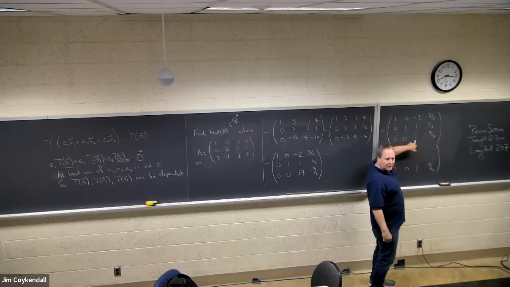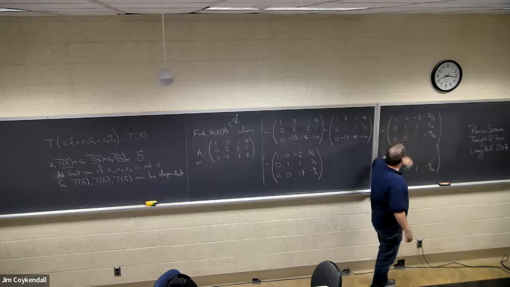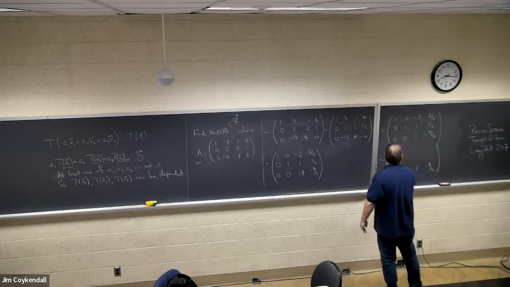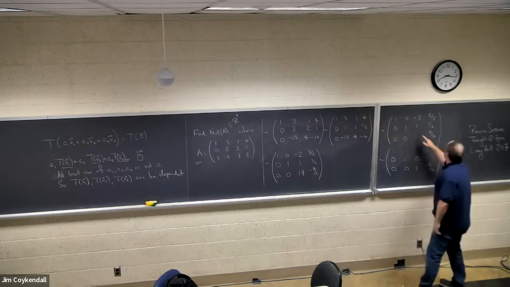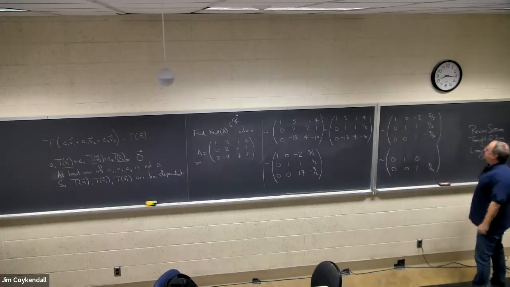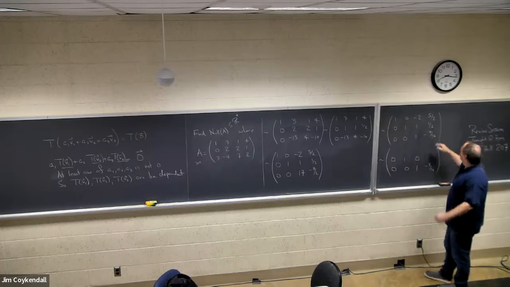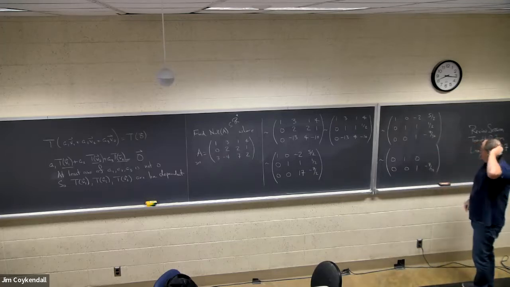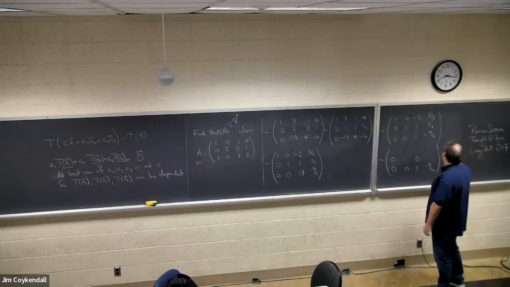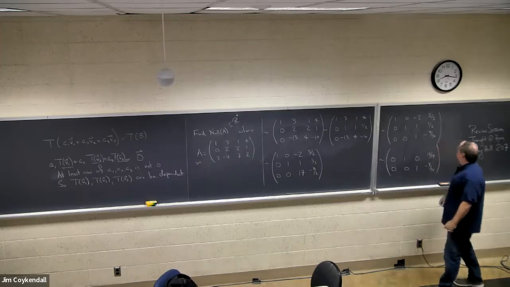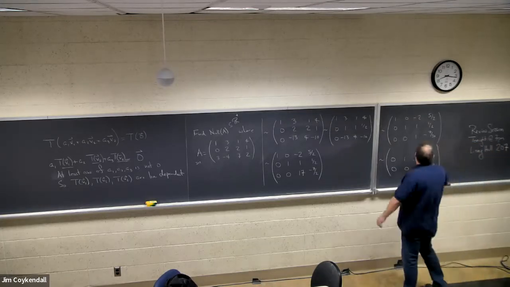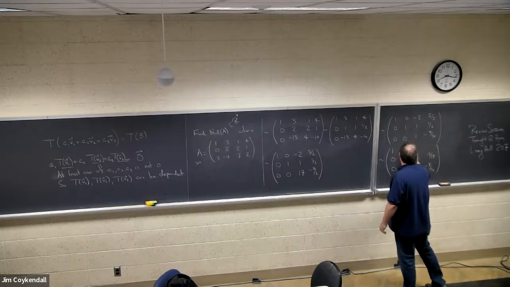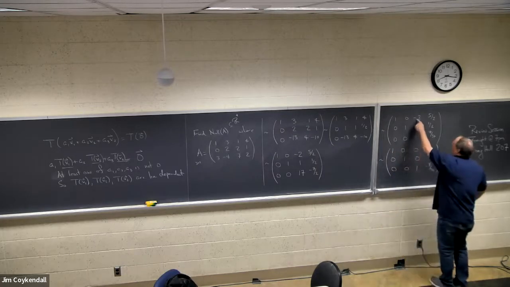I'm going to use this pivot right here to nuke everything above it. And so this is going to be 0, 1, 0, so minus 1 and add. So this is going to be 1/2 plus 7/34. So that's going to be 24/34, 4, 12, 17. I'm going to multiply this by 2 and add.